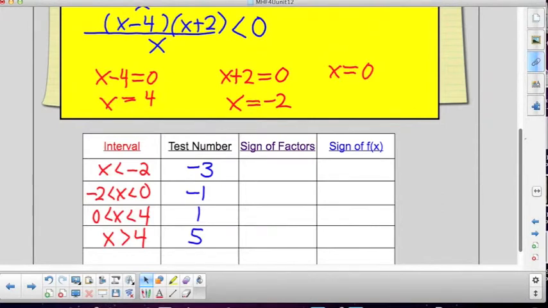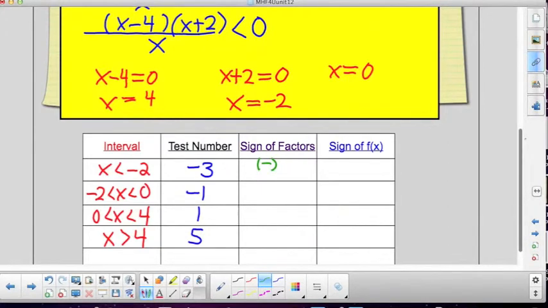Now, when I talk about the sign of the factors, you have to look at my final step in blue. So if I'm picking my test number negative 3, I have to input that negative 3 wherever I see x and generate the appropriate sign. So I know that negative 3 minus 4 is going to give me a negative number.